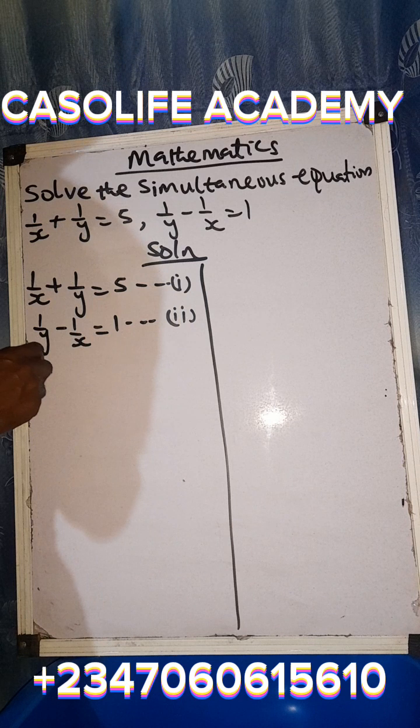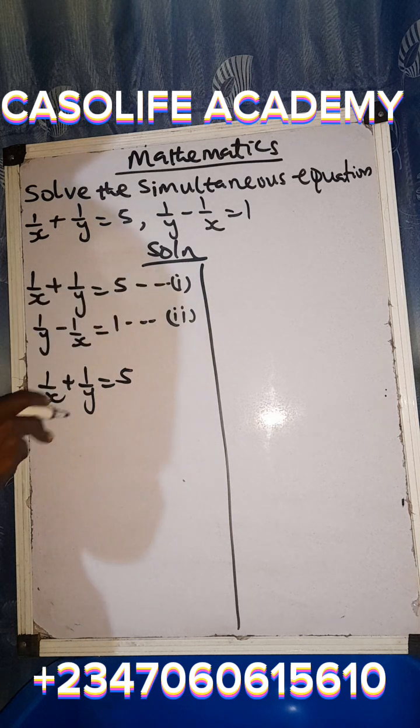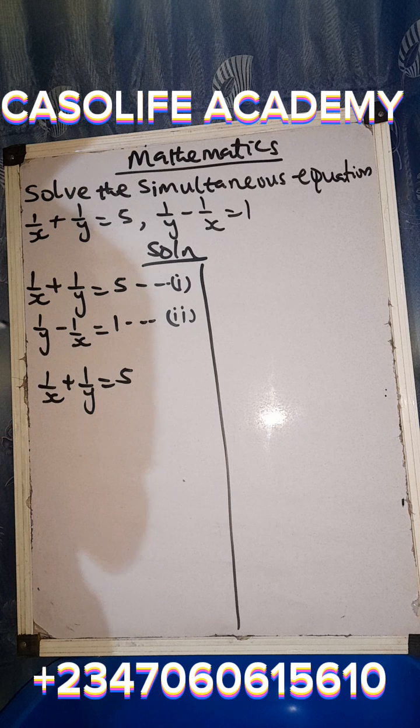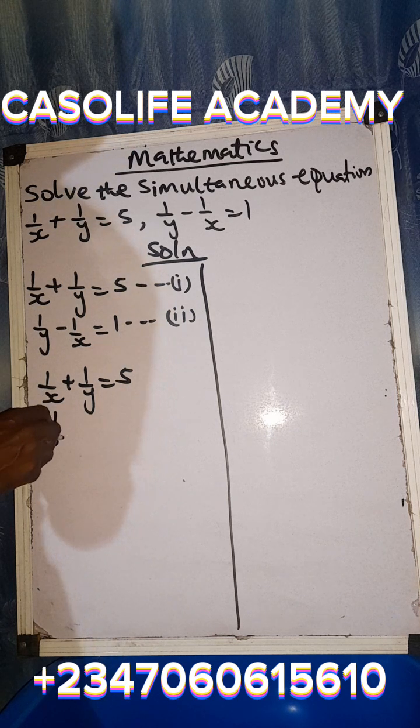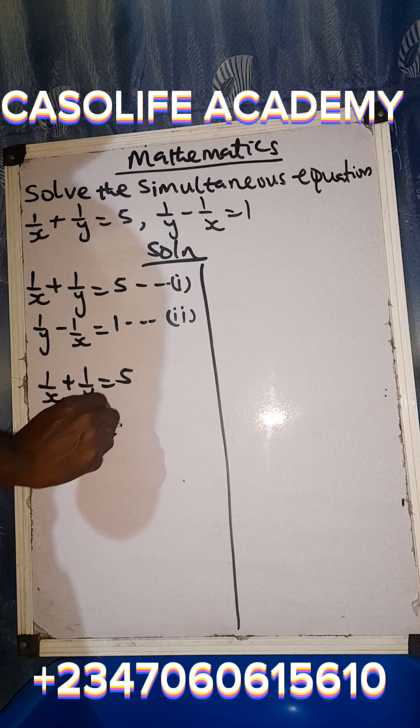Our equation 1 is 1 over x plus 1 over y equals 5. Our equation 2, I will rearrange it such that 1 over x goes under 1 over x and 1 over y goes under 1 over y. But remember, 1 over x is negative, so it becomes minus 1 over x plus 1 over y equals 1.